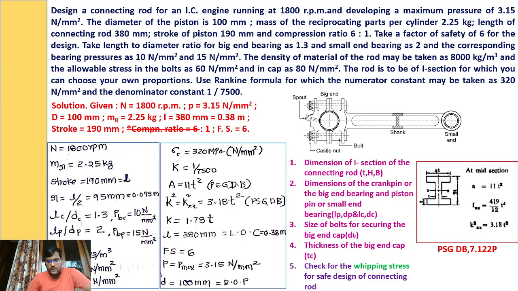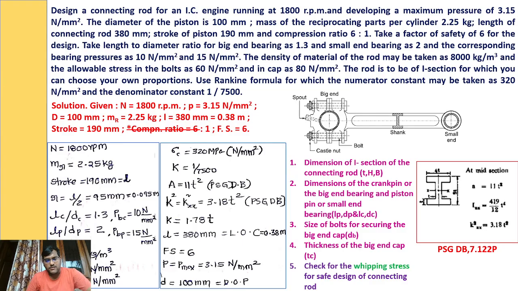That is the t_c. The last one, you have to check the whipping stresses. Here, whipping stress is nothing but the bending stresses. As you know, due to the combustion in the combustion chamber, in the cylinder, the gas forces are acting on the piston due to the reciprocating motion. Some of the forces are acting on the connecting rod. So, due to these forces, some bending action may take place.